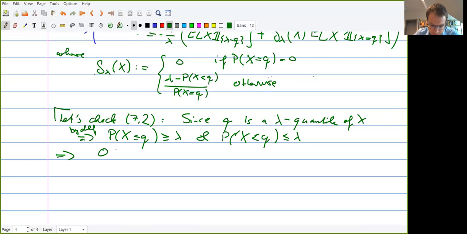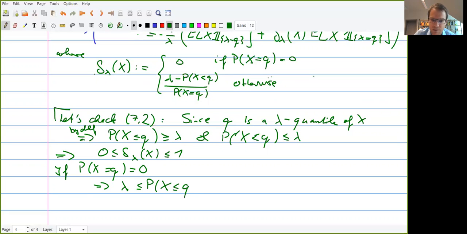Well, this is by definition. So my delta lambda of X is between 0 and 1, okay. And if we have that the probability of X being equal to q is equal to 0, then we actually have that the probability of X being less or equal than q is strictly bigger than lambda.